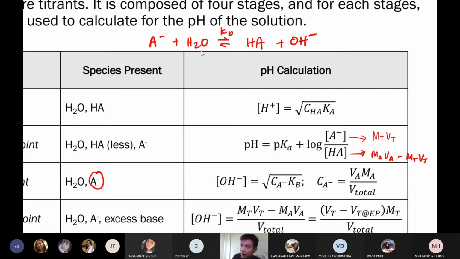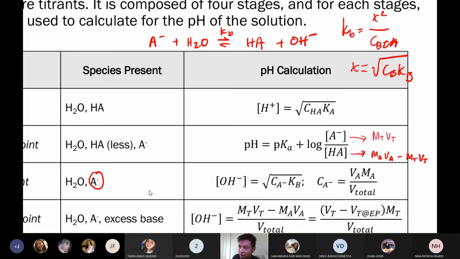So, that's why, if you want to solve for the concentration of this, you can apply the equilibrium calculation. So, ang lalabas doon ay Kb equals, we assume na equal tong dalawa. So, you will have x squared divided by the concentration of base minus x. Apply the small x approximation, mawawala yan. So, x is equal to the square root of Cb Kb. So, yun yung dahilan bakit ganito yung sagot natin.